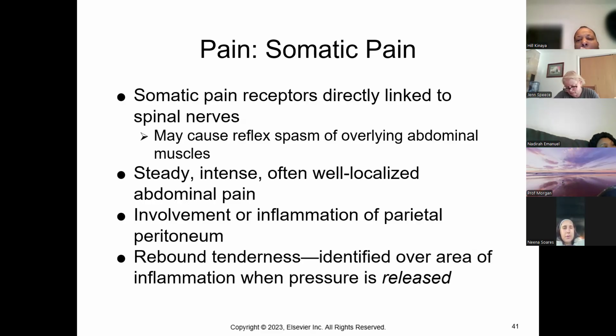The parietal peritoneum has numerous pain receptors. That forms the basis for rebound tenderness over an area of inflammation. So, like when people have acute appendicitis, usually they'll have this rebound tenderness.